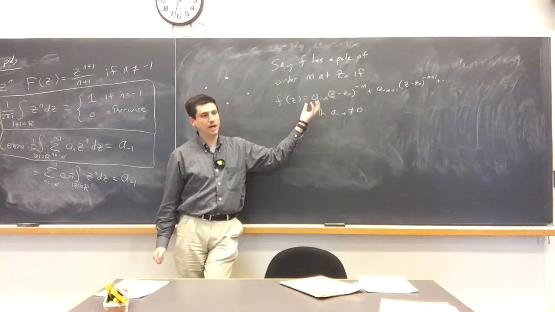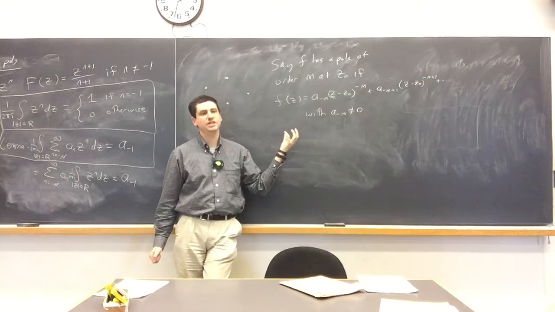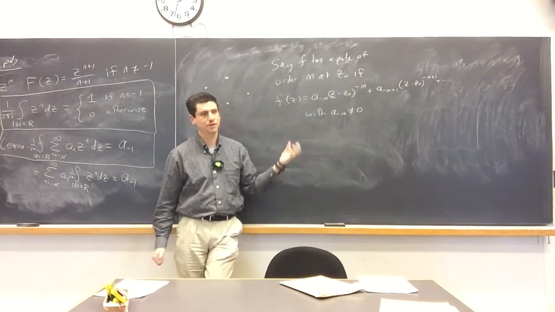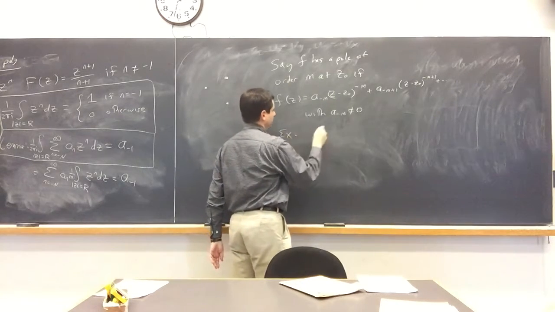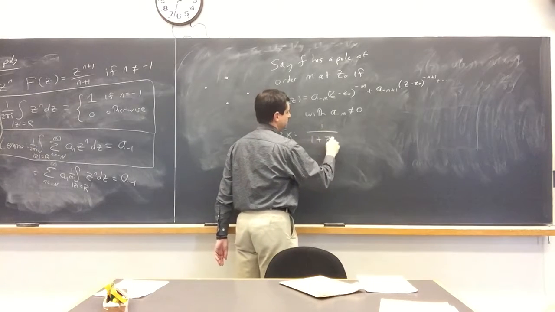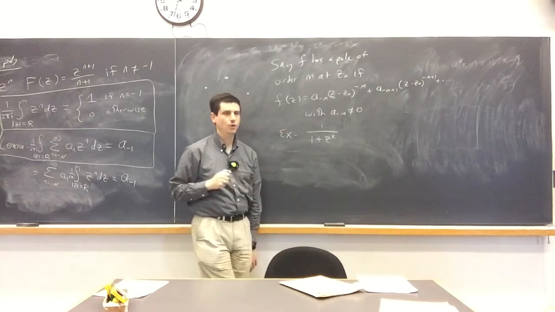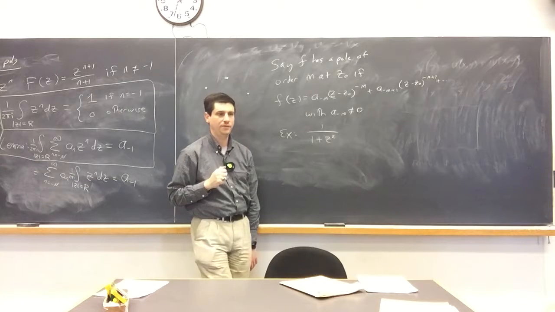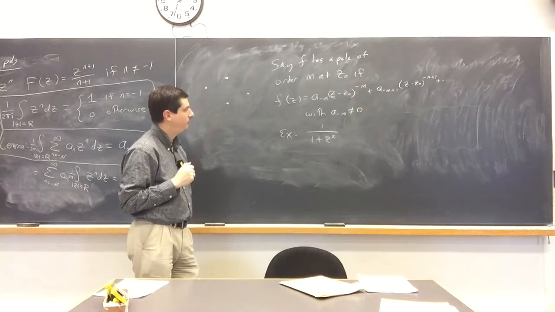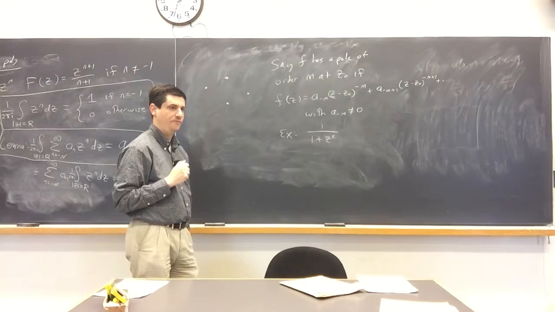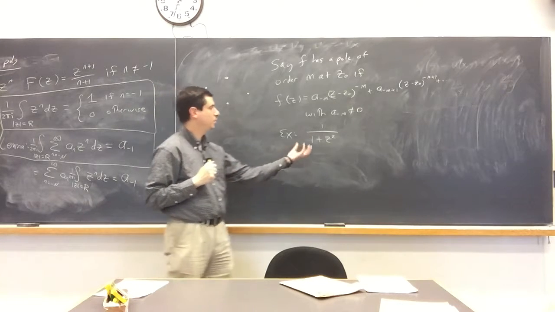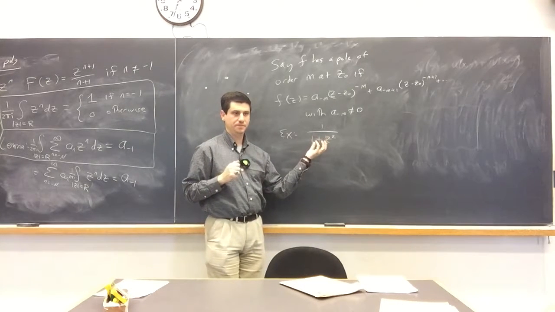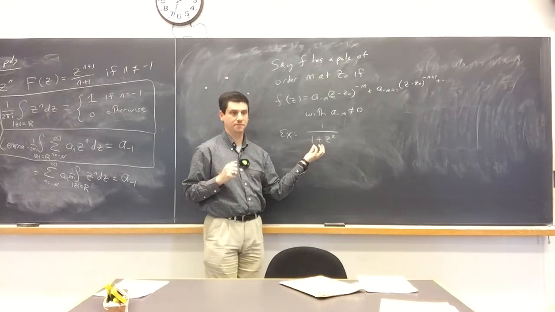So a pole of order m means that we have a 1 over (z minus z0) to the m at that place. So for example, if I give you 1 over 1 plus z squared, where would the poles be? So where does the denominator blow up? z squared equals negative 1, so it's plus or minus i.